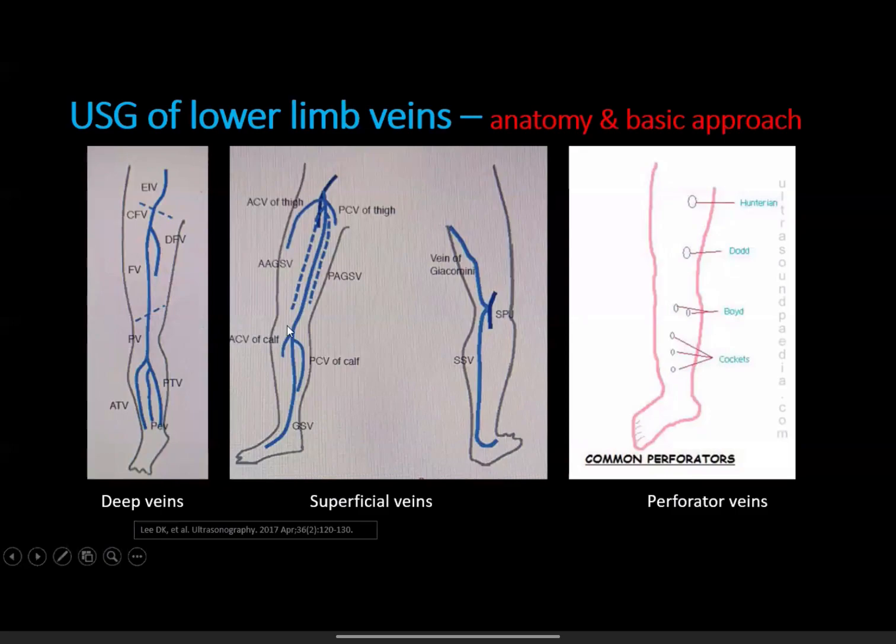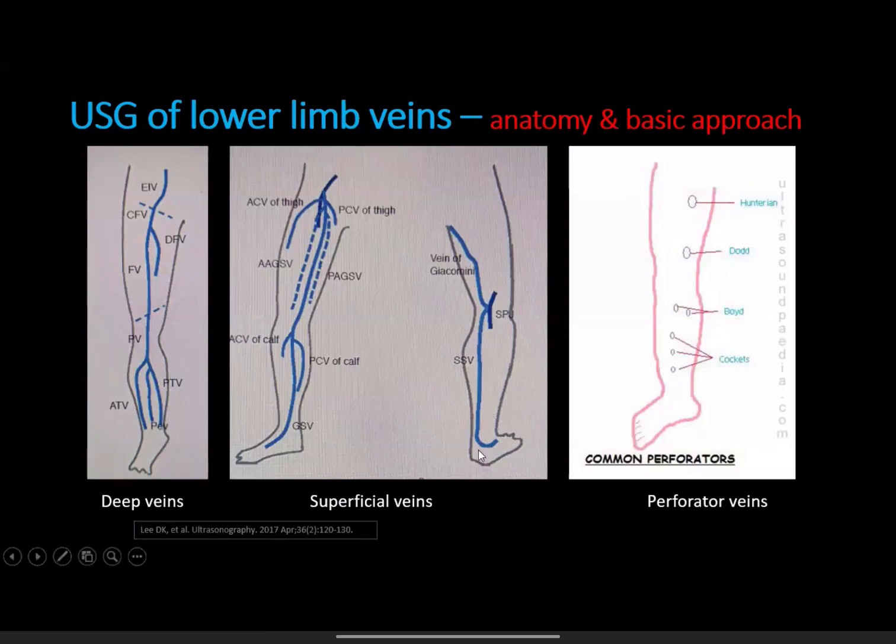It receives two tributaries, the anterior arch vein and posterior arch vein, and then it continues along the medial aspect of the knee to the thigh, and it joins the common femoral vein just below the inguinal ligament. It receives certain very important tributaries, and then joins the deep system, that is the common femoral vein, through its terminal valve.